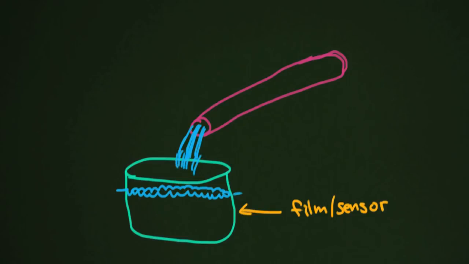Now, the length of time that the water is running into the bucket is like your shutter speed. Just like you can open the shutter of your camera for a really long time, you could open the faucet and let water run for a really long time so that it fills up the bucket, even if you have a tiny pipe. It could be like an F22 pipe, so a really tiny pipe, and it could take a long time for the water to fill up your bucket.